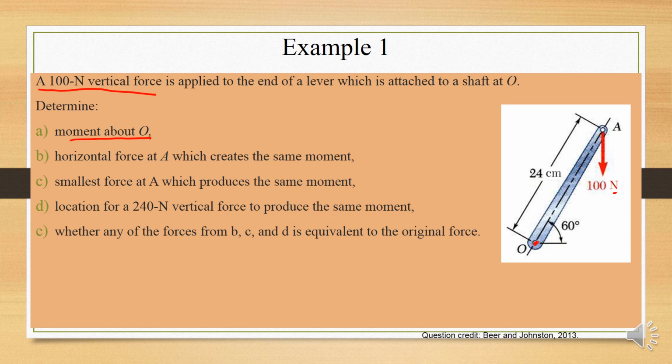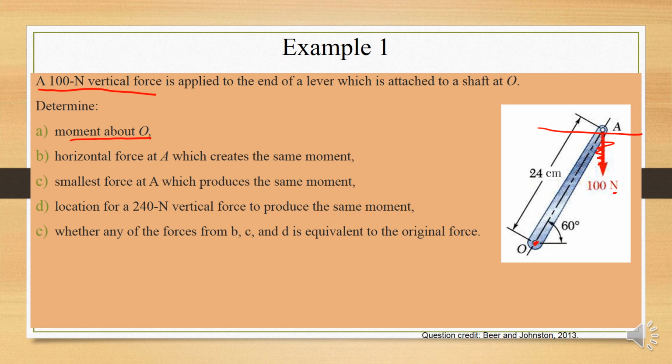In question B, it states the horizontal force at A which creates the same moment. What it means is that you replace the force here, which is in vertical direction, with a horizontal force. This one is vertical, so horizontal is like this.